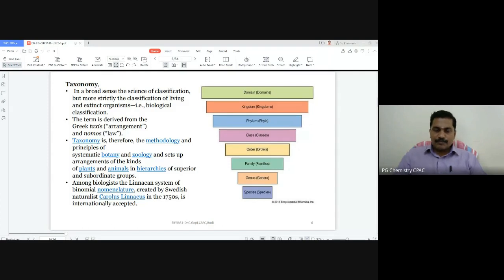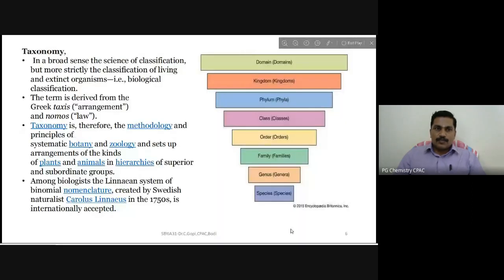Okay. Coming back to the previous class, the taxonomy broad category is domain. A domain followed by the kingdoms. Kingdoms enclose phylum.